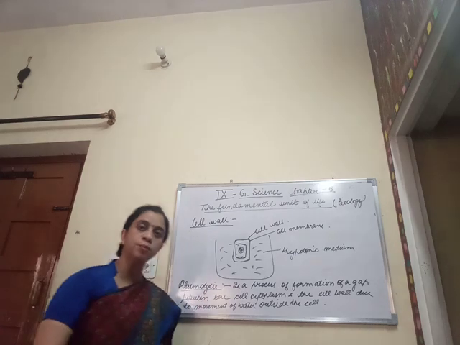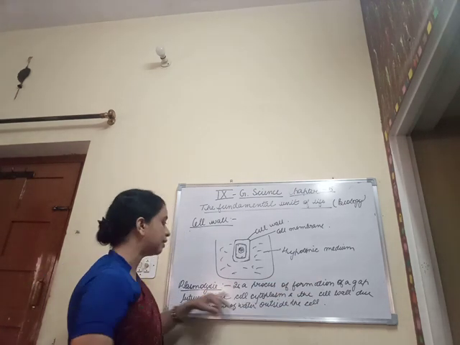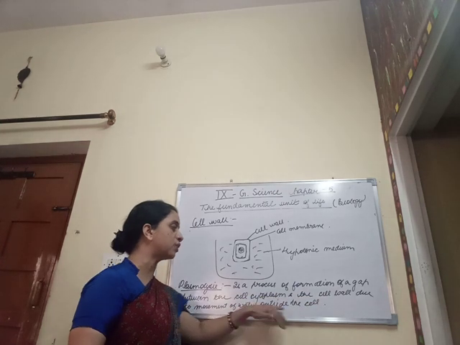This is the definition of plasmolysis. What is it? It is a process of formation of a gap between the cell cytoplasm and the cell wall due to the movement of the water outside the cell.